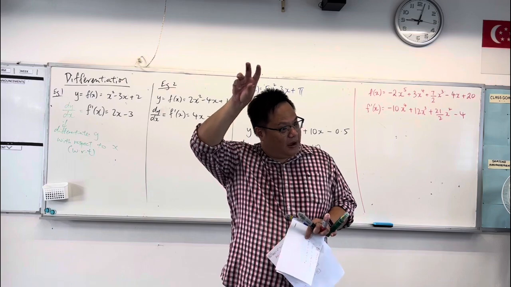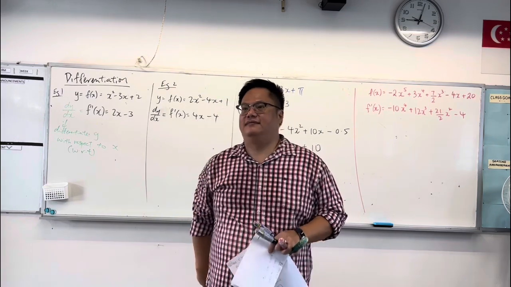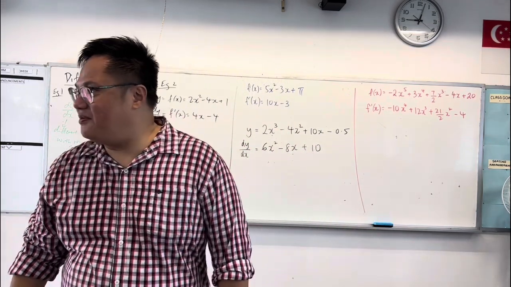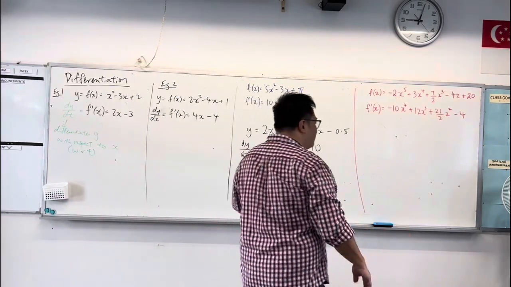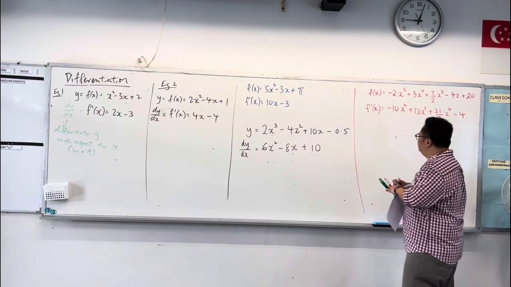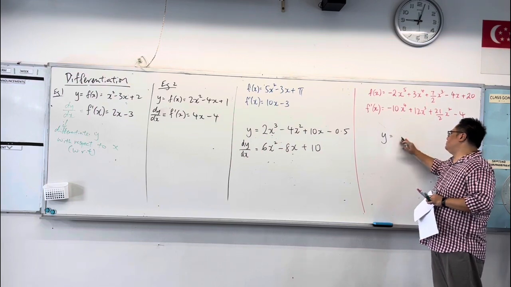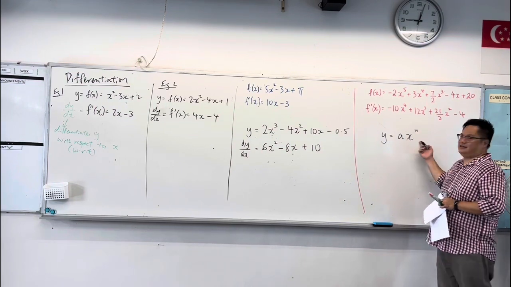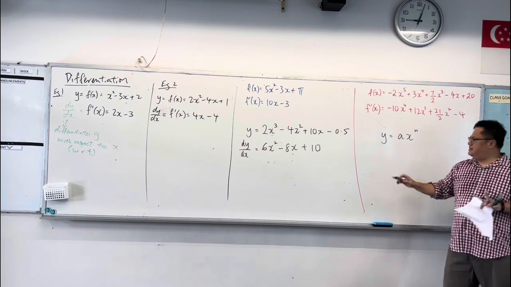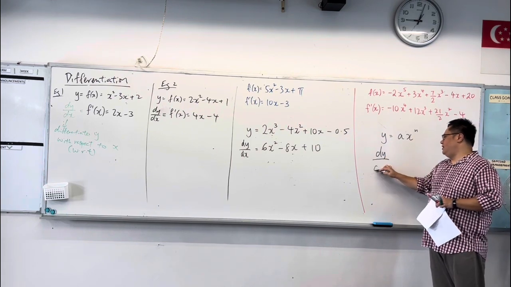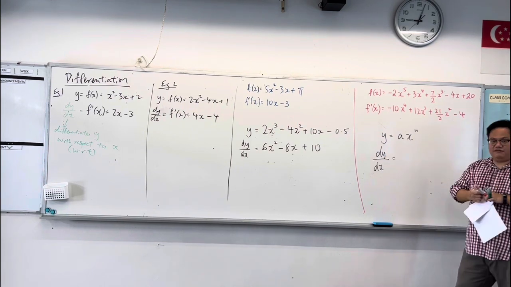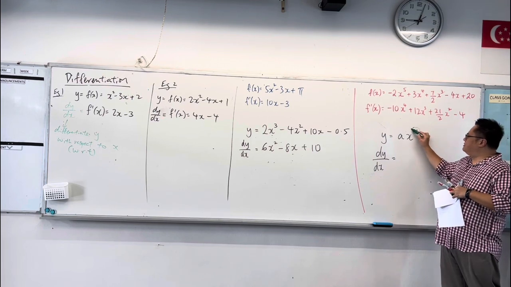After that, what must you do? Power must subtract 1. That's it. Can we all observe that? So let me write what she just said. If your y is equal to a x to the power of n, whatever the expression is, to generalize it: I observe the pattern, the power, I just bring it down.